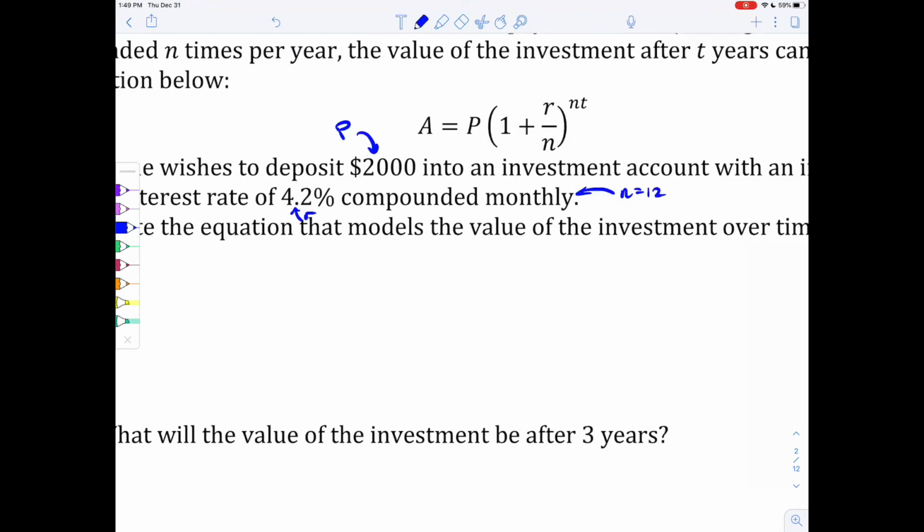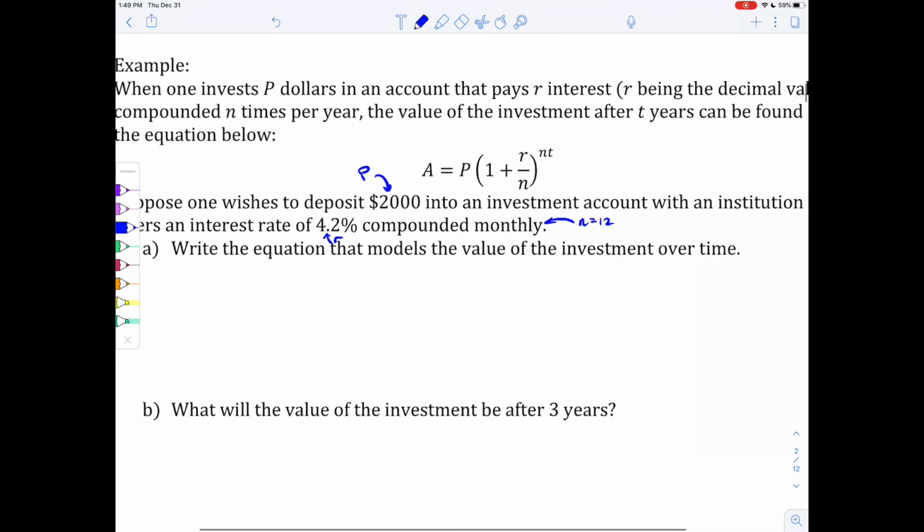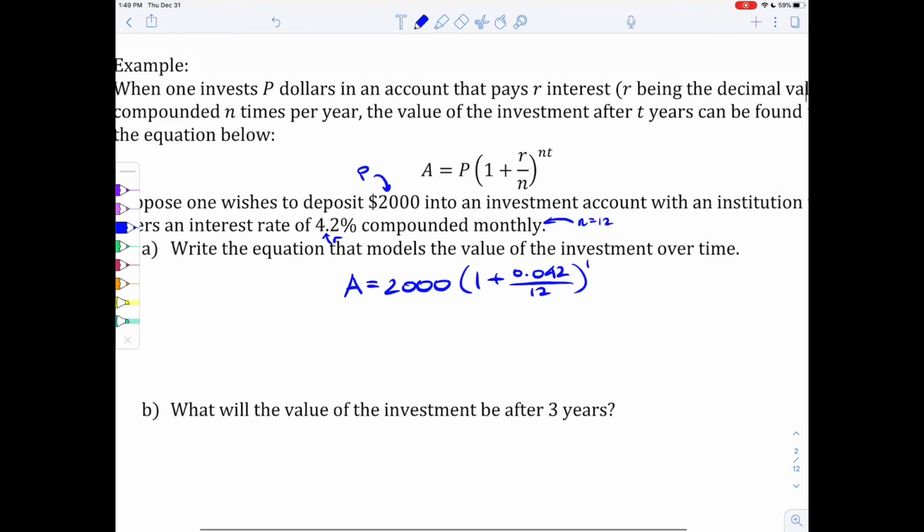So plugging all that in, we're going to say that your accrued amount is equal to 2,000 times 1 plus 0.042 over 12, to the power of 12t. So that's the equation that will get you what the investment value is after t years.